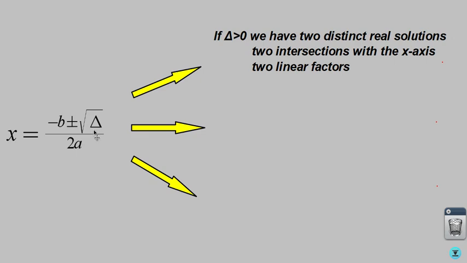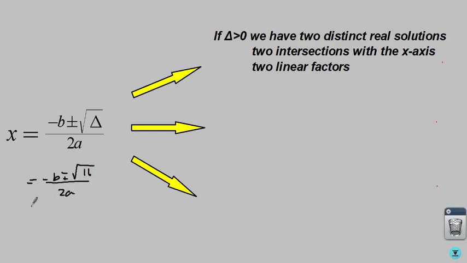And if we keep this expression in mind, then we can make the following conclusions. If the discriminant, if this value under the root is positive, then we will have two distinct real solutions, i.e. two intersections with the x-axis, and the left-hand side of the quadratic will have two linear factors. For example, if the discriminant is, say, 16, then your x would be negative b plus or minus the square root of 16 divided by 2a.